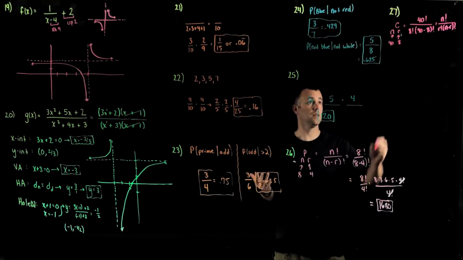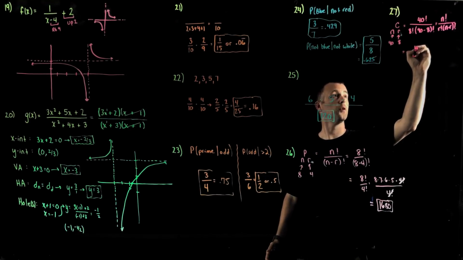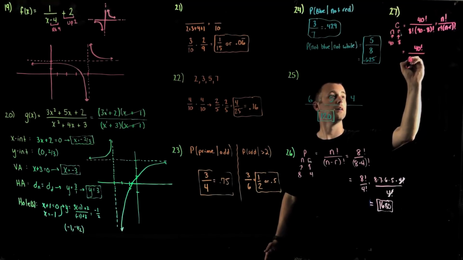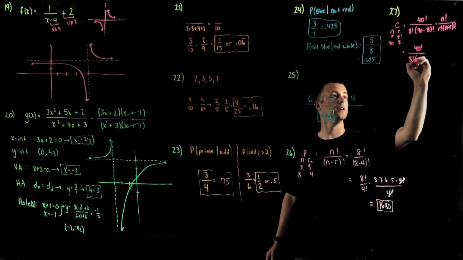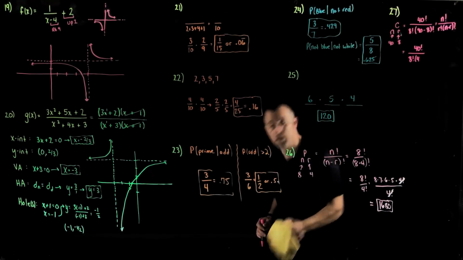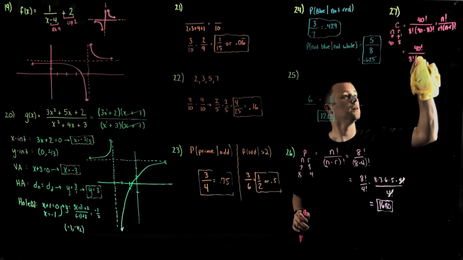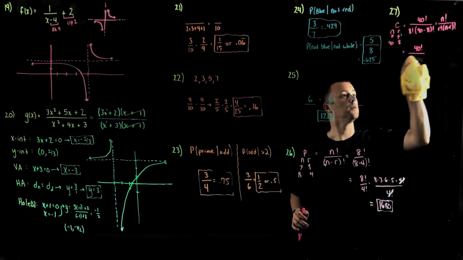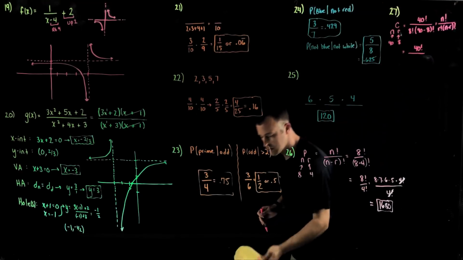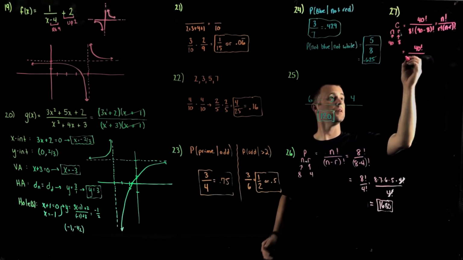So I'm just going to plug everything in and simplify it here. So that's 40 factorial divided by 8 factorial times 32 factorial. Let me just erase that bottom part there. Sorry.